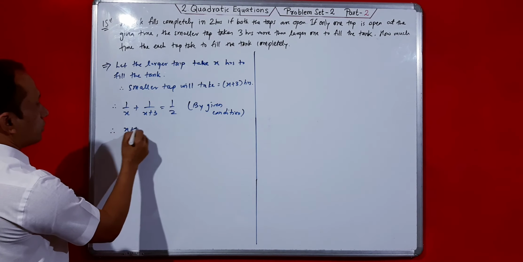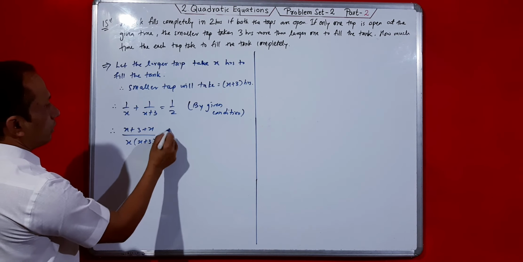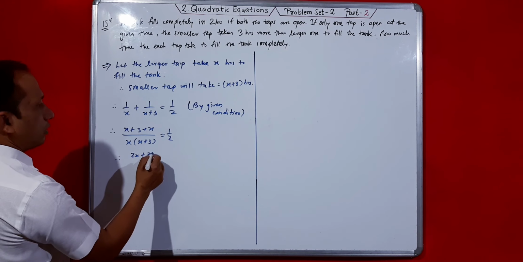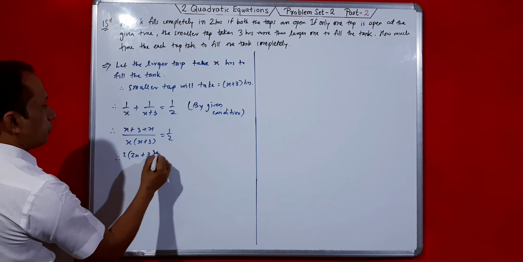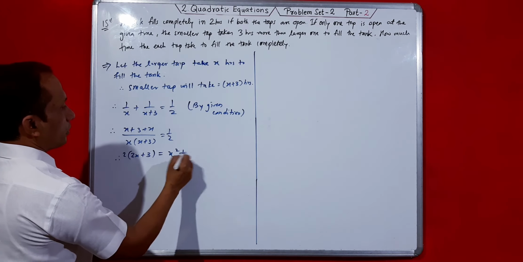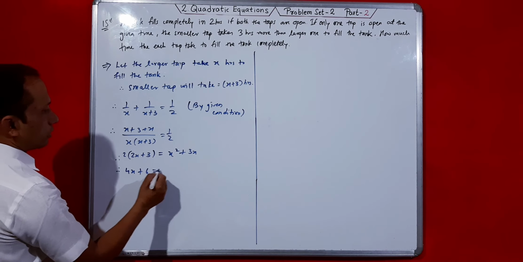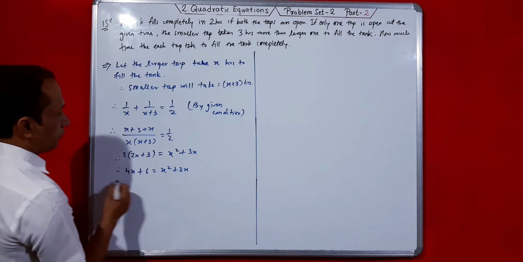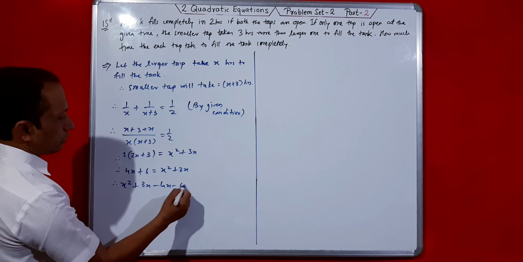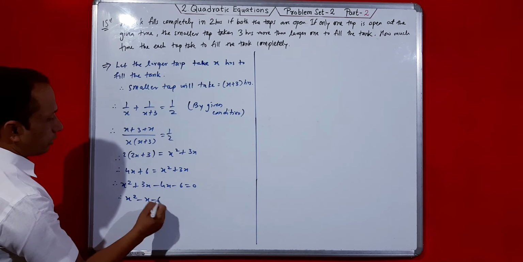Therefore x plus 3 plus x over x into x plus 3 is 1 half. Therefore this is 2x plus 3. You take this to this side into 2, so x squared plus 3x. Now solve this: 4x plus 6 is equal to x squared plus 3x. Therefore x squared plus 3x minus 4x minus 6 is equal to 0, so x squared minus x minus 6 is equal to 0.